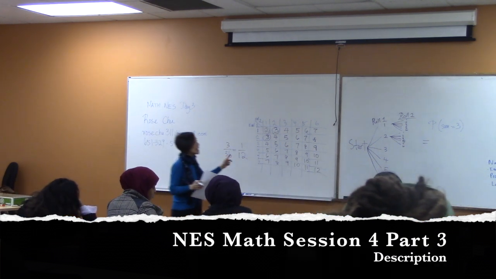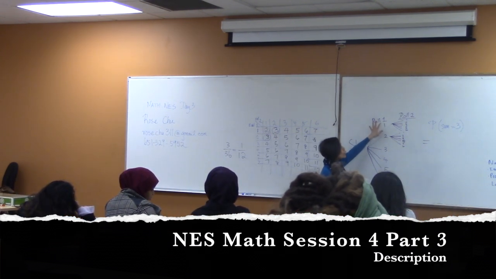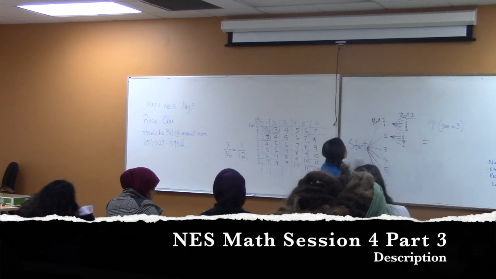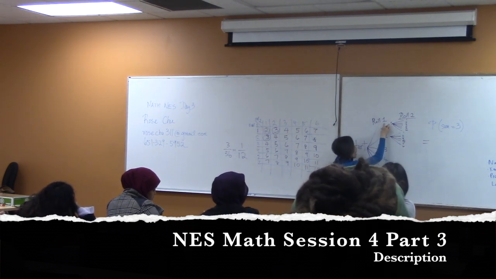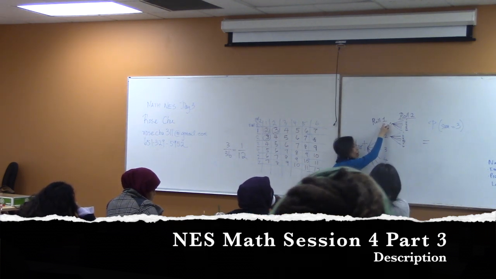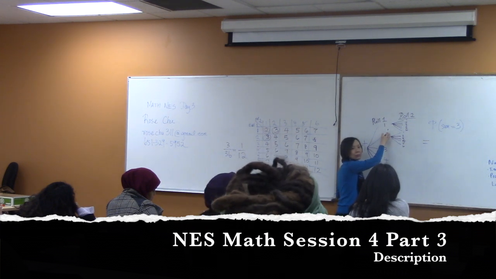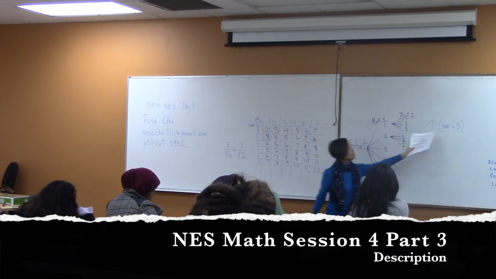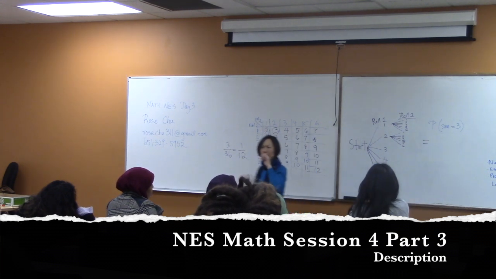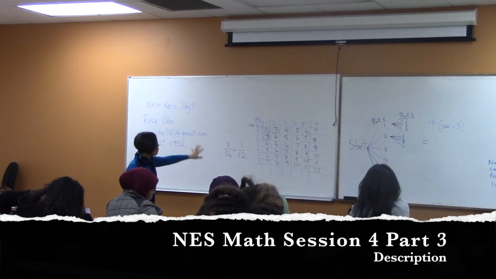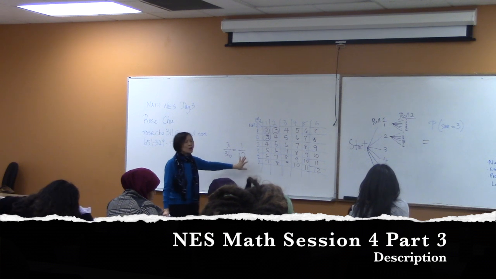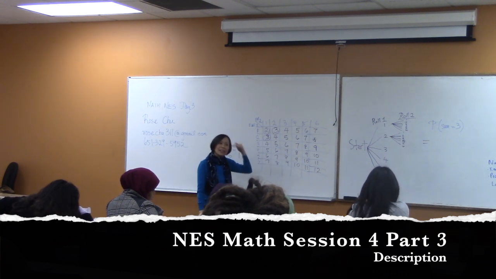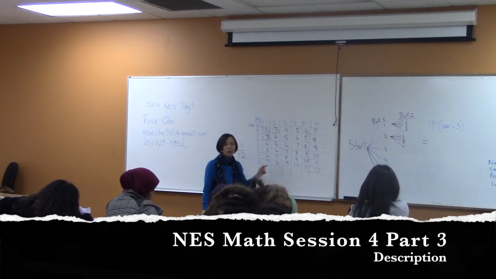Because what you're saying is that in order to get 3, the first one has to be 1, or the first one has to be 2. I want to leave it this way so that you can see it and listen to the question and see what the question is asking.